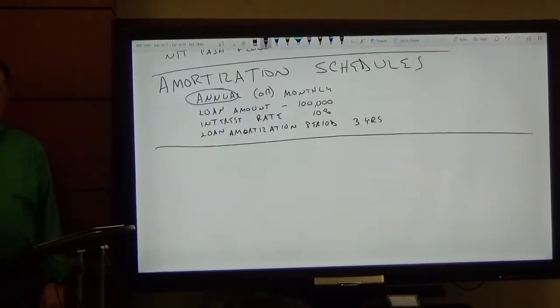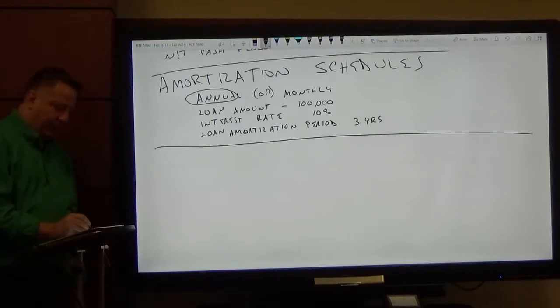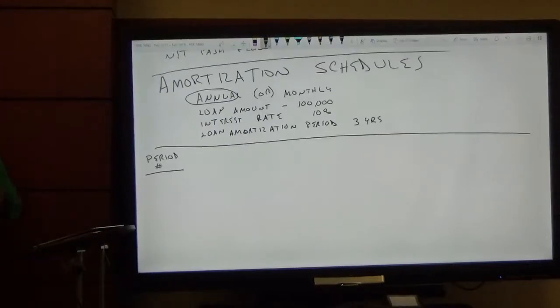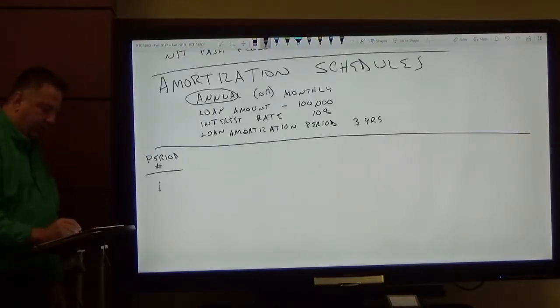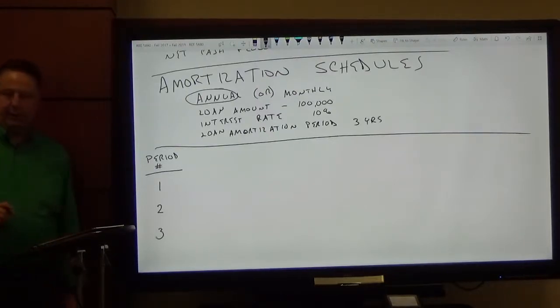All right, so an amortization schedule pretty much starts out with a handful of columns, and the first column over here is going to be the period number. Now the period number could be months or it could be years, depending on whether we set this up as annual or monthly. In this case, we're doing it for 3 years, so each of these will represent a year.